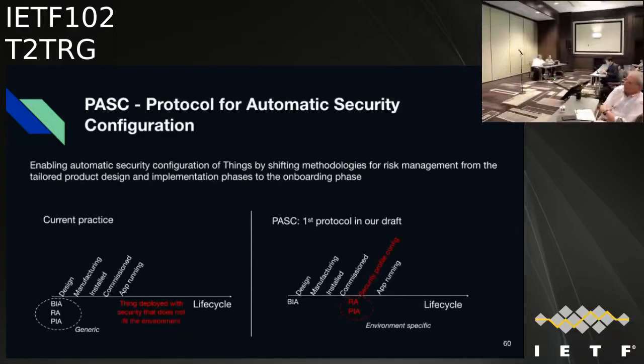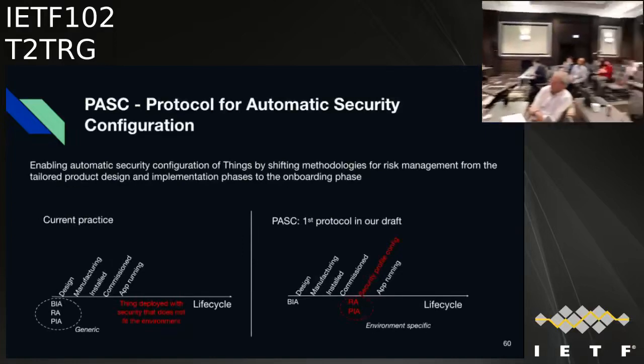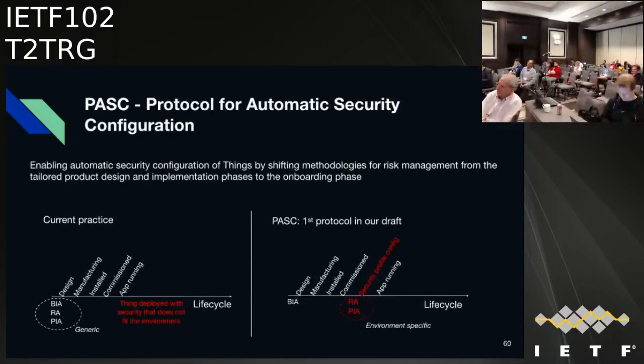Yeah. So there are two main protocols that we have the idea to develop, and we would like to get feedback on this. The first one is called Protocol for Automatic Security Configuration. If you look at the picture, the current practice is to perform a risk assessment or a privacy impact analysis when you are designing the product.